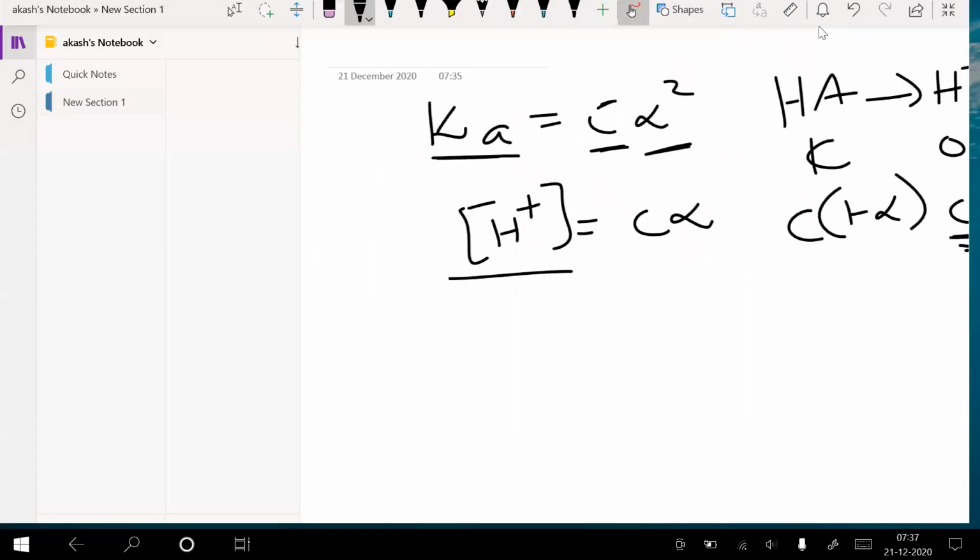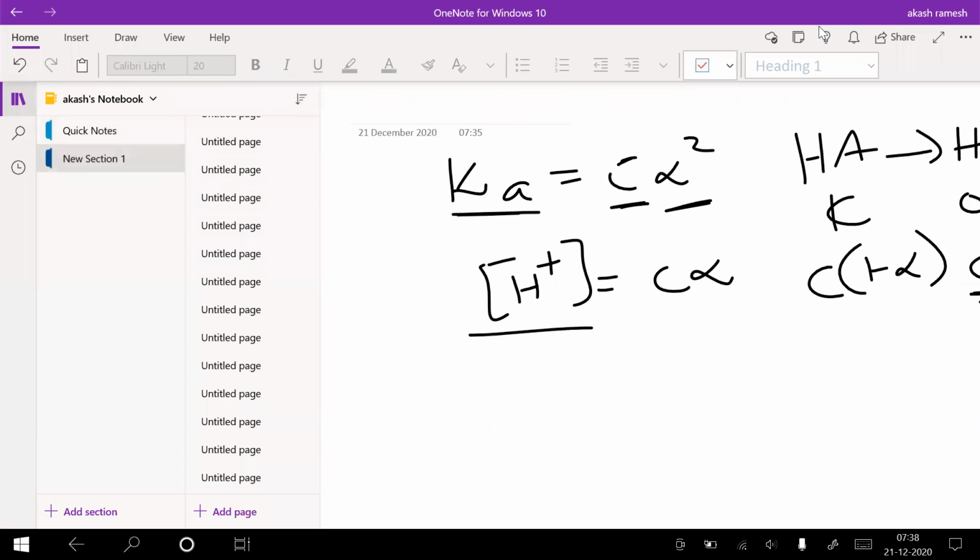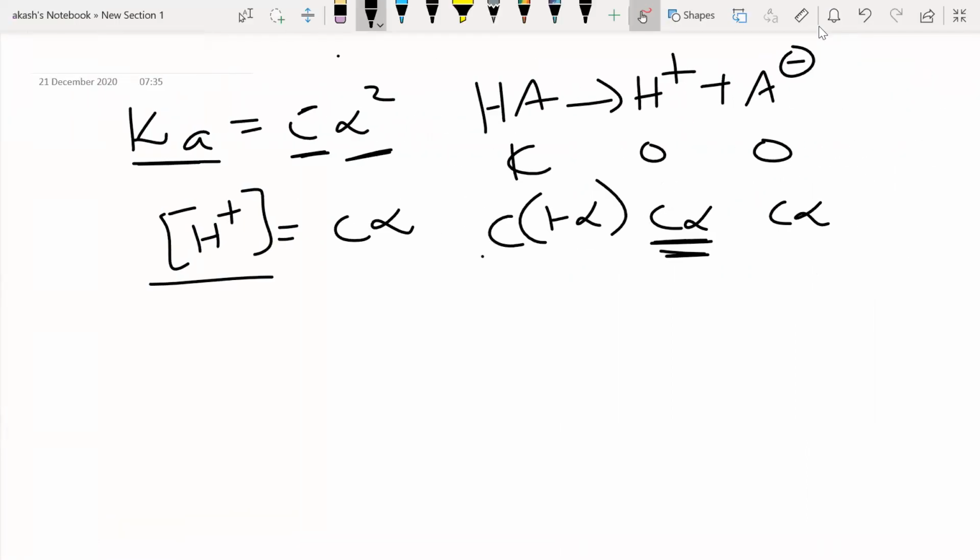Yes, pH is given, so we can use the minus log formula. Exactly. So I know the H plus concentration.